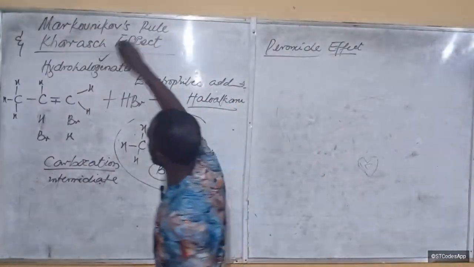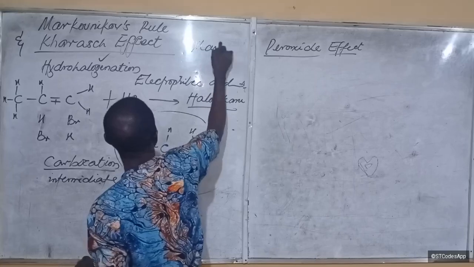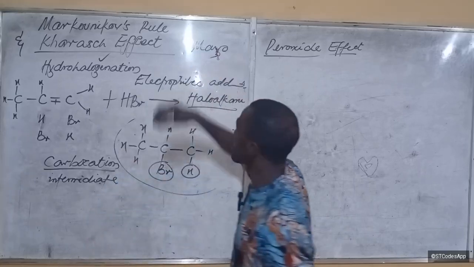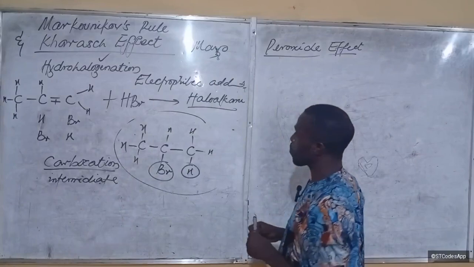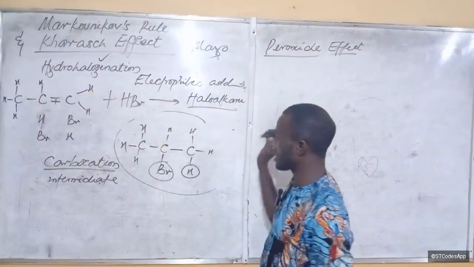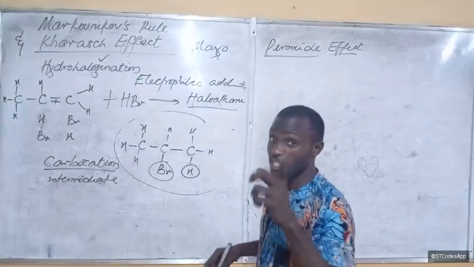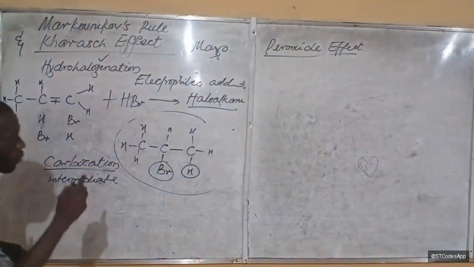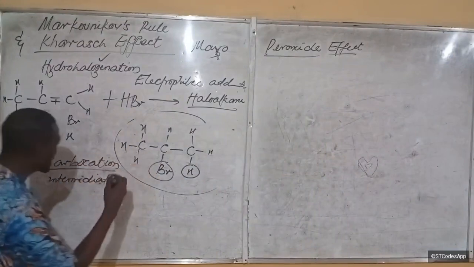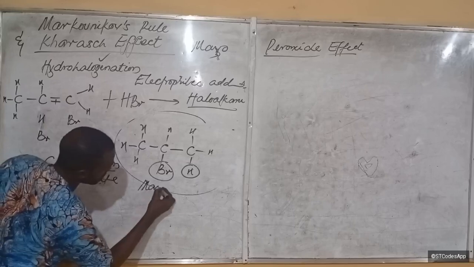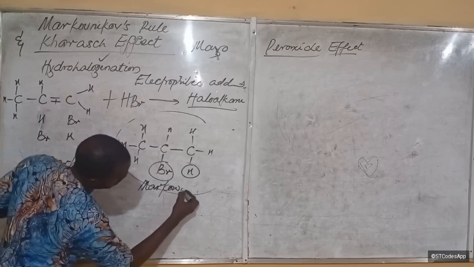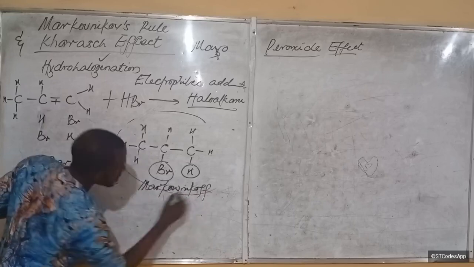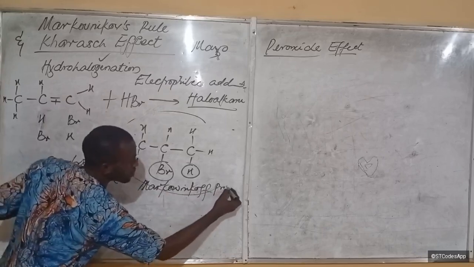These two found that in the presence of a peroxide, this is not the case. In the presence of a peroxide, what will be formed is the opposite, which we call the anti-Markovnikov product. The way you can also see it spelled is like this. This will be the Markovnikov product.